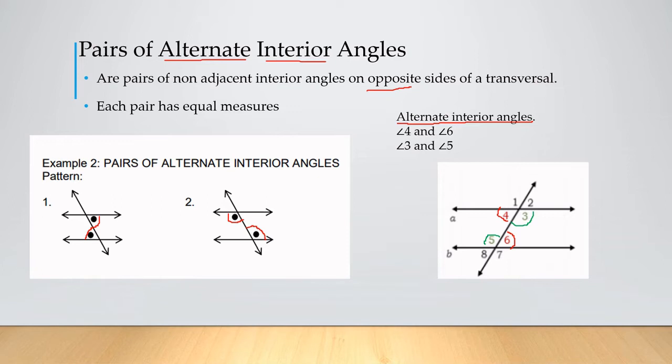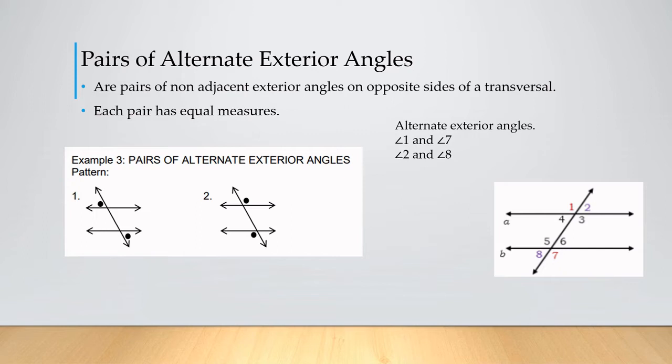They are also interior angles on the opposite side of a transversal. Now, if the measure of angle 3 is 130 degrees, therefore the measure of angle 5 is also 130 degrees, since each pair has the same measure or equal measures.